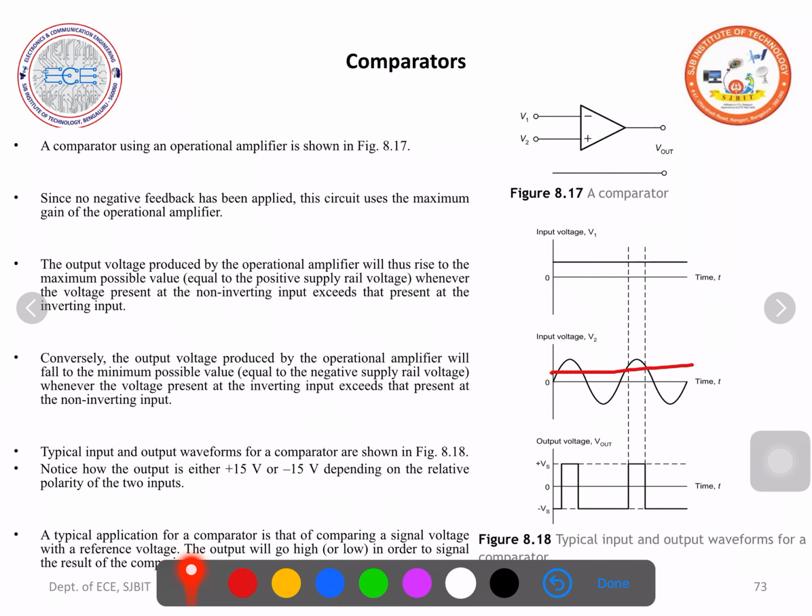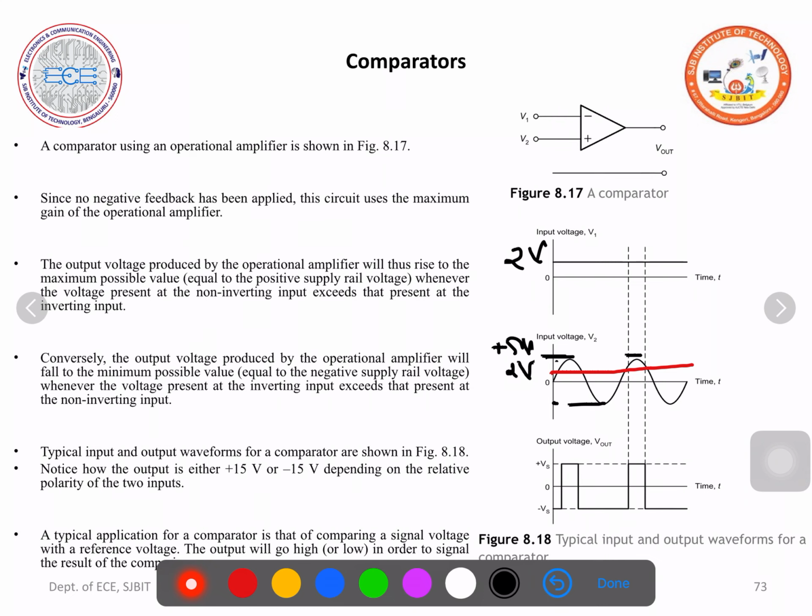Then how to write the output? Now here in this region, the input applied at V1 is greater. If you are still not understanding, I will write here: this is plus 5 volts. Let us say the input voltage is 2 volts.